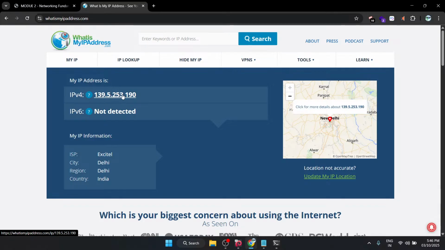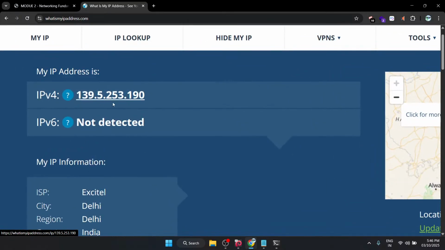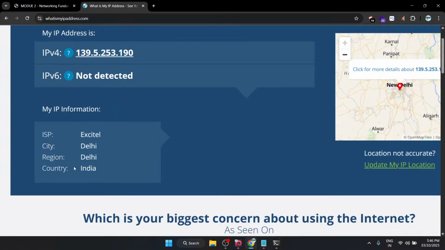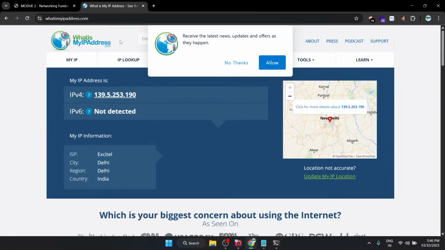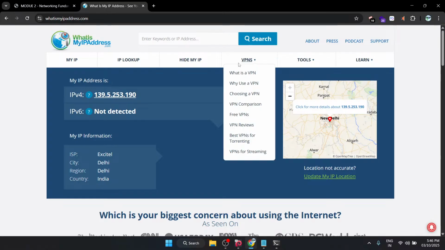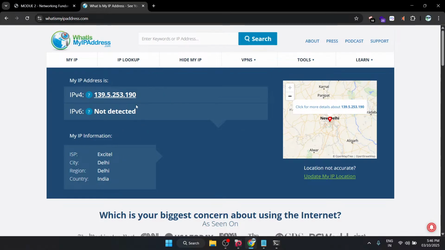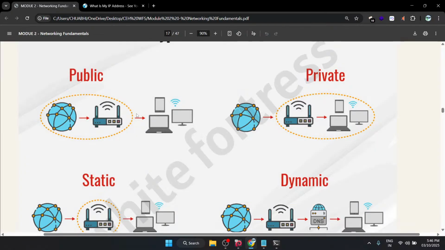This IP is my public IP, with the city Delhi, region Delhi, India. If I use a VPN, then it will change my IP address. We'll come to the VPN part in the next module.